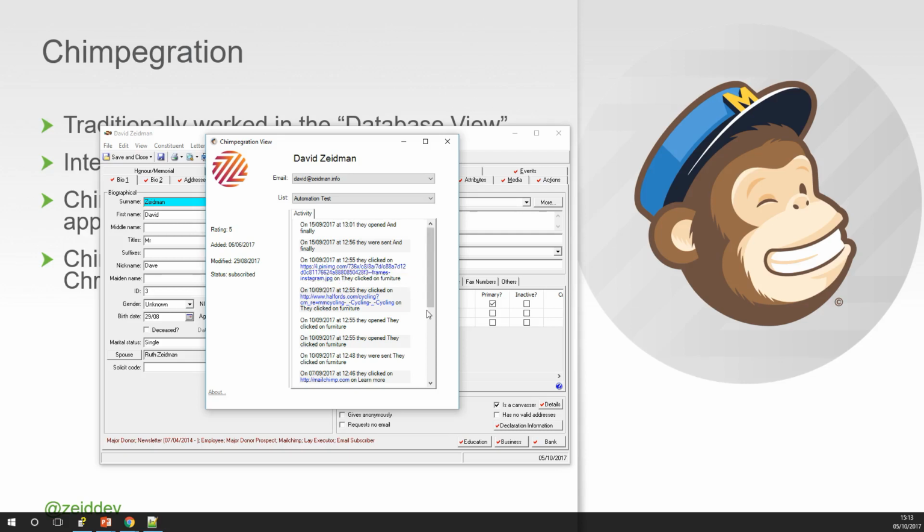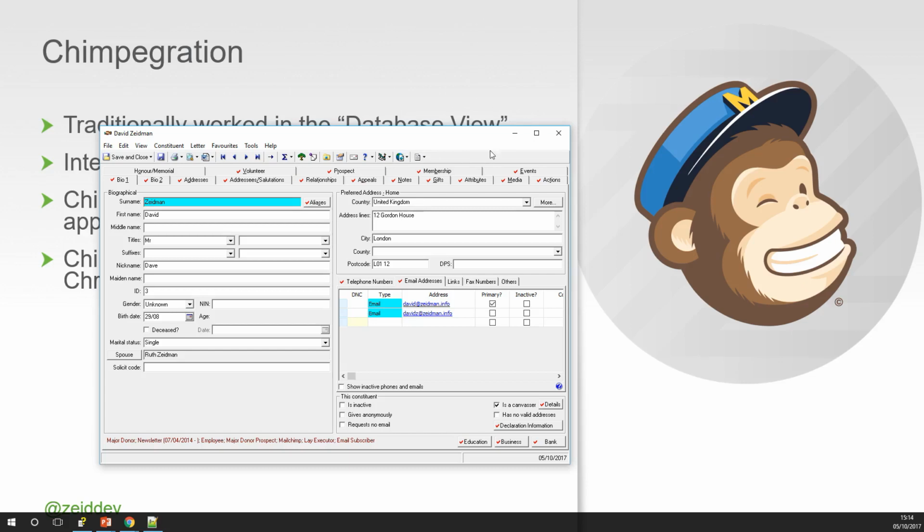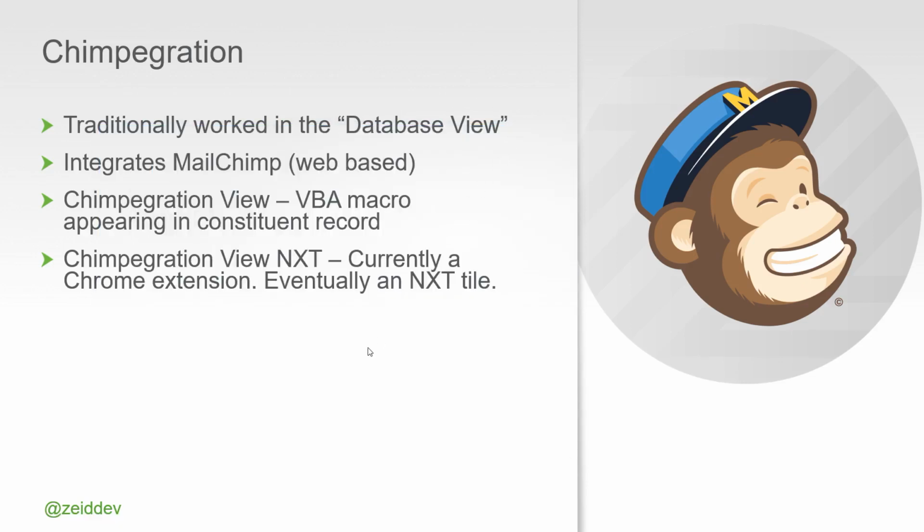It just tells me I have a 5-star rating, and when it was added and last modified, and my status. So it's a very simple overview of my status and my activity on Mailchimp. And of course, I could bring this up for any constituent who is on a list in Mailchimp.